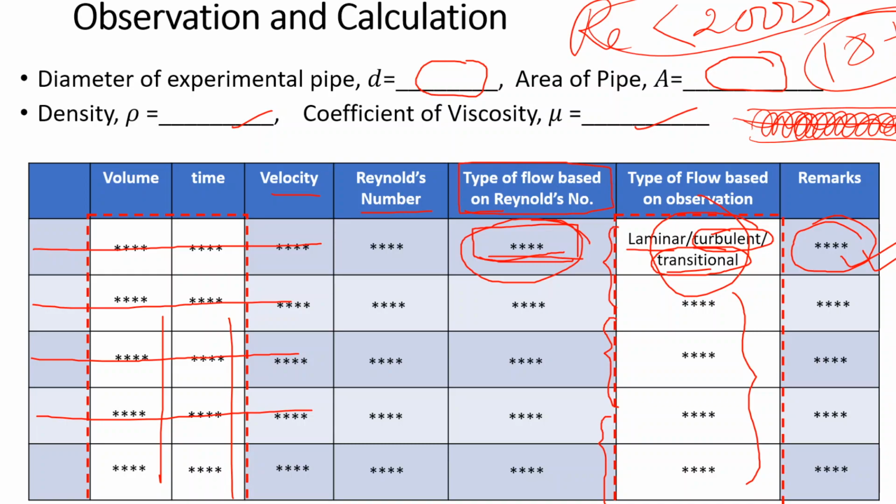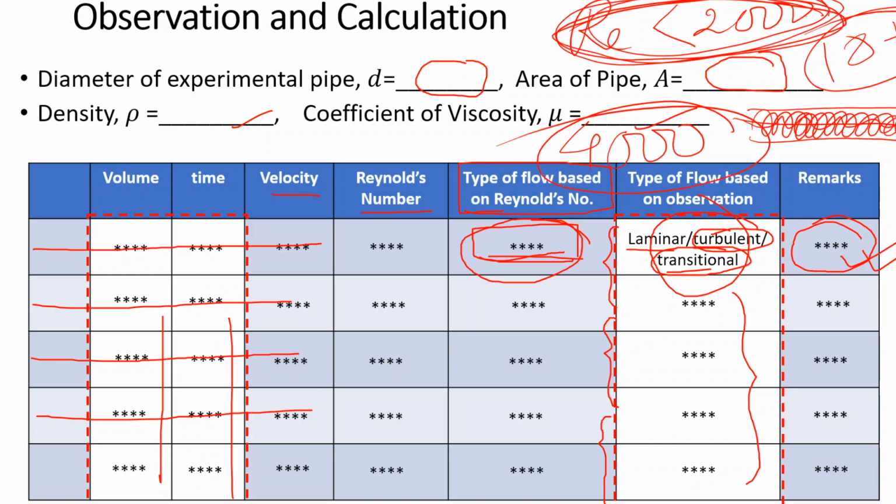So similarly, in case of pipe flow also, 2000 gives you the criteria of laminar and transitional, and above 4000 it is turbulent. So this was the Reynolds experiment, which you can also perform in the laboratory.